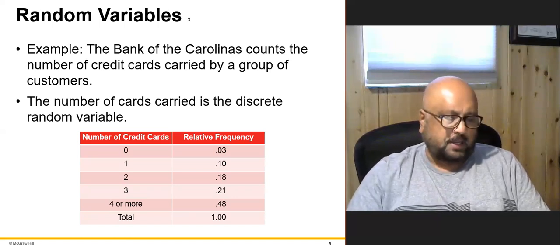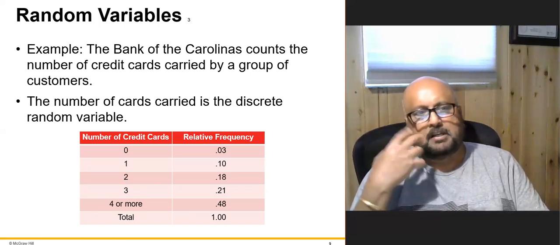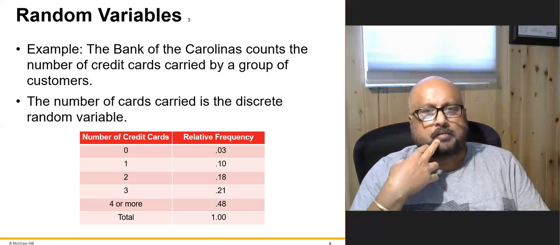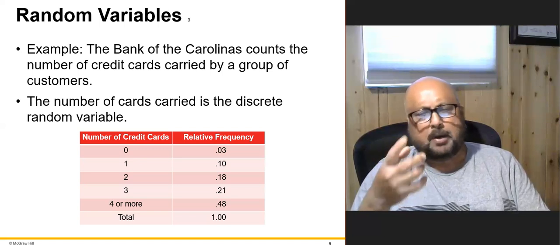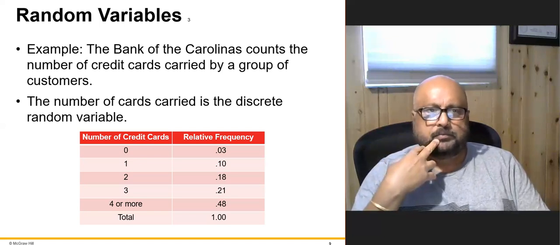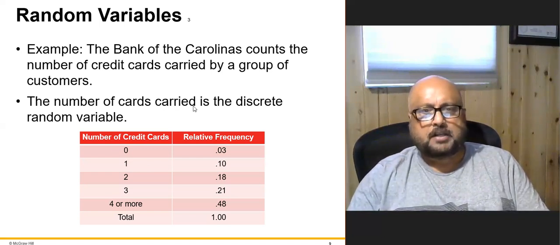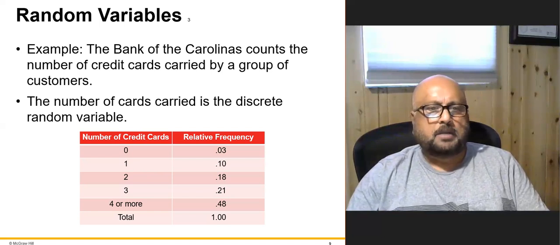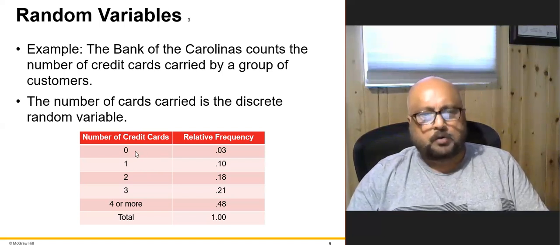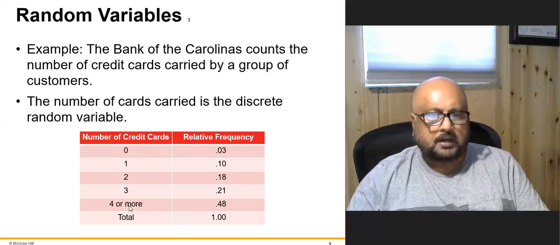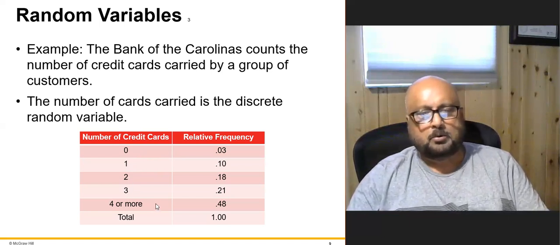Here's an example of random variables. The Bank of Carolinas counts the number of credit cards carried by a group of customers. This table shows you the example here. The number of cards carried is the discrete random variable, right? Because we can easily count them. Somebody may have no credit card, somebody has 1, somebody has 2, somebody has 3, and some have 4 or more.